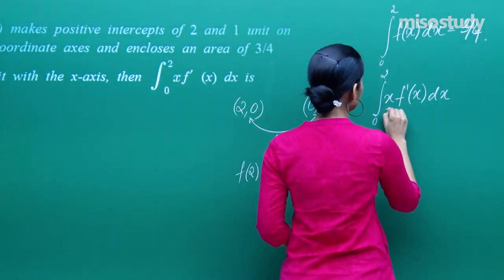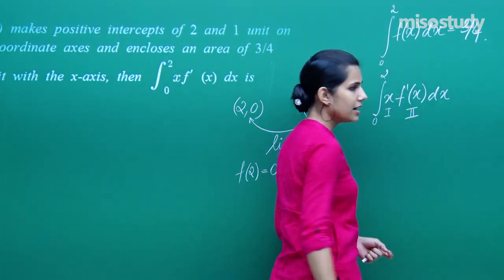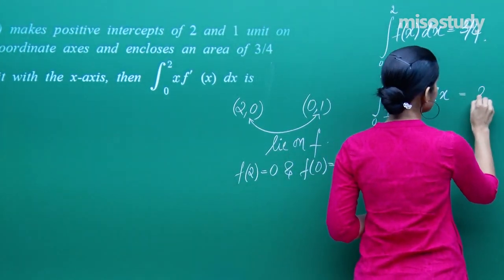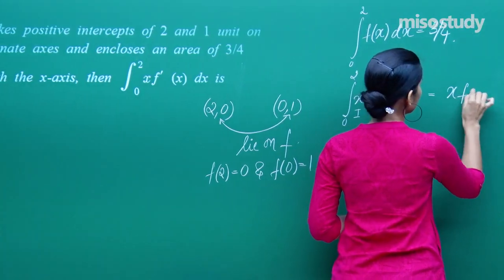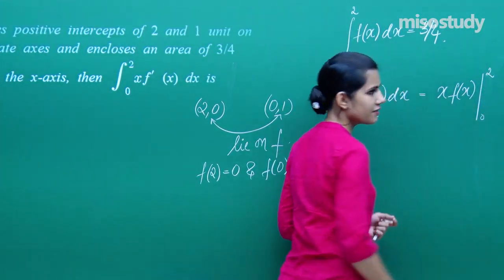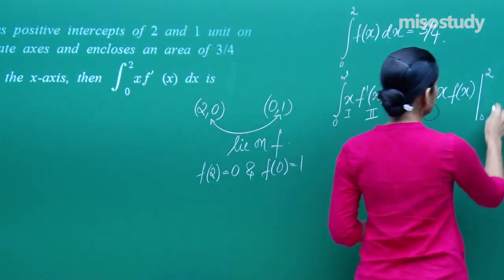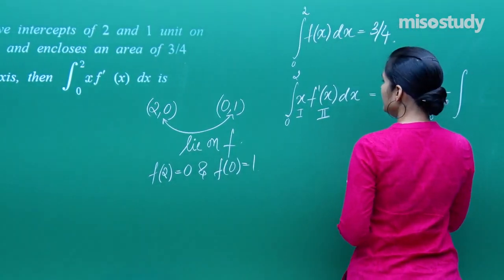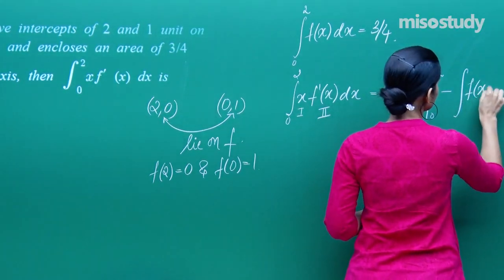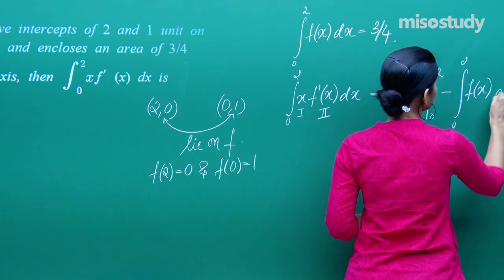Over here you can clearly apply integration by parts, right? You get first function into integration of second function from 0 to 2. So integration of f dash x will be f(x), minus integration of d by dx of the first function, which is 1, into integration of the second, from 0 to 2.